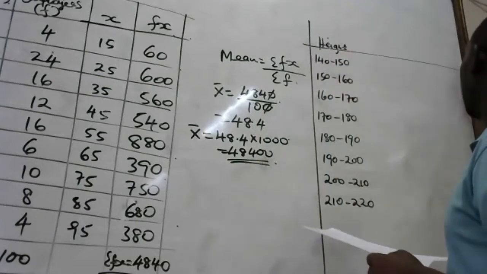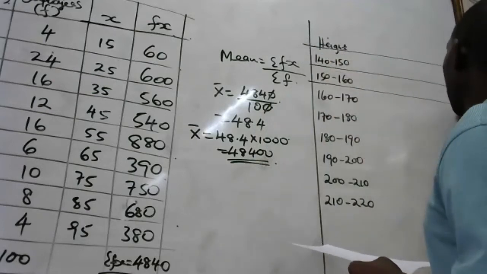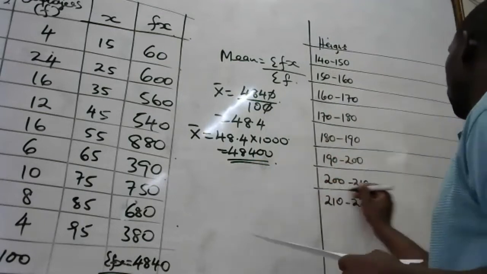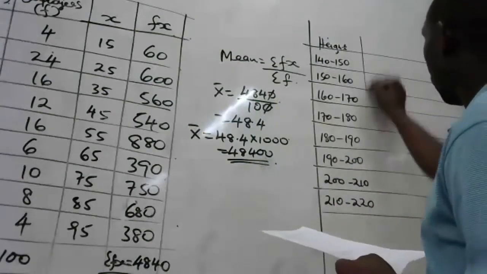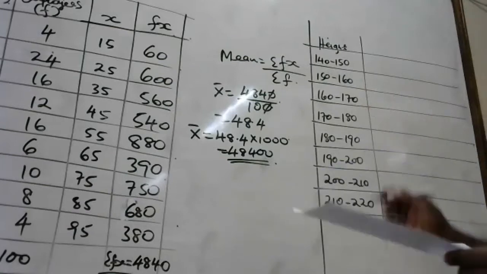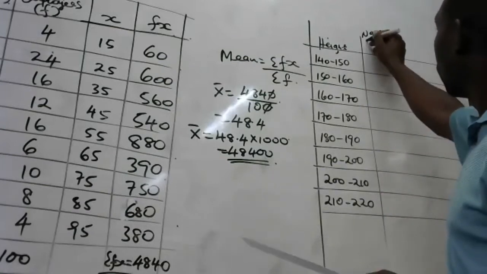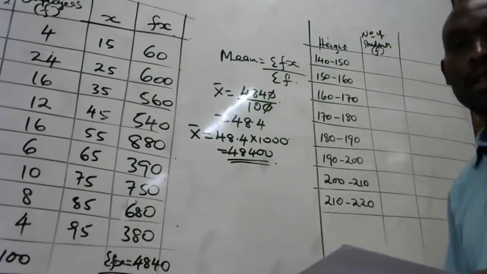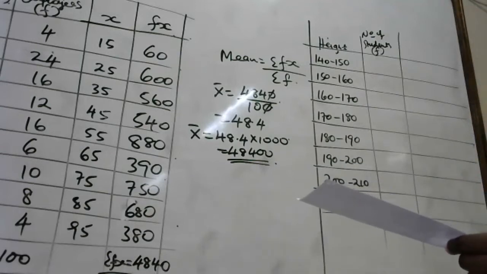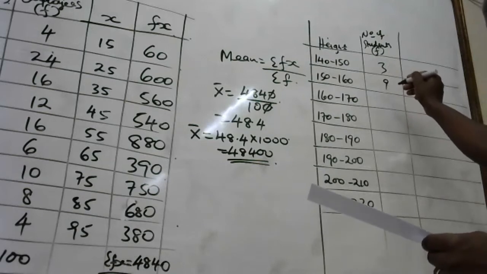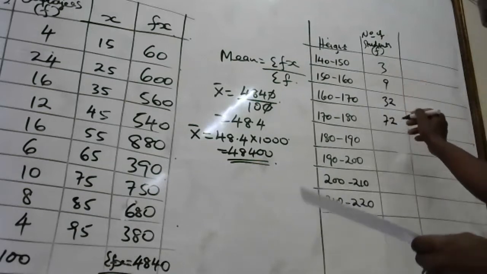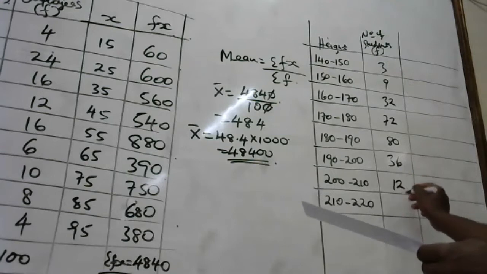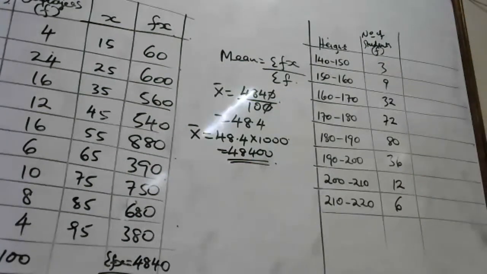Those are the heights. Then we have the number of students, which is your frequency: 3, 9, 32, 72, 8, 36, 12, 6.